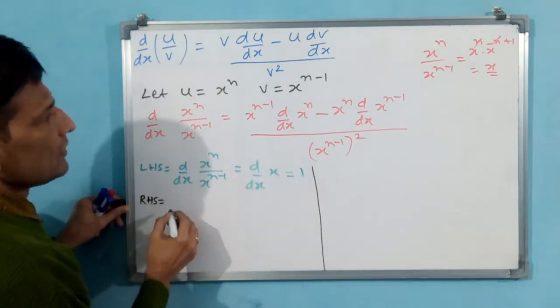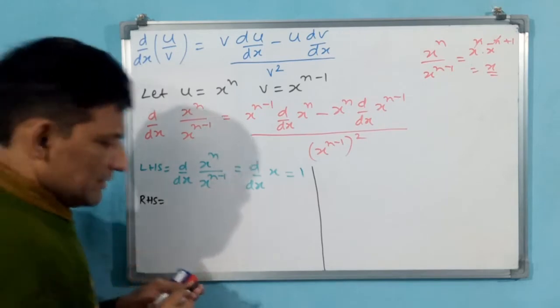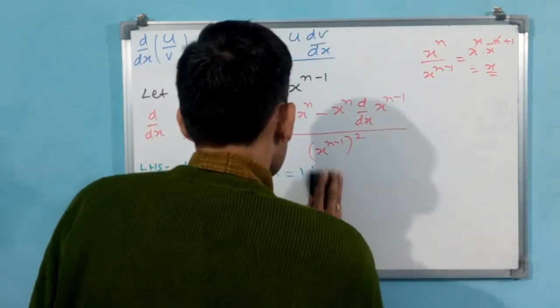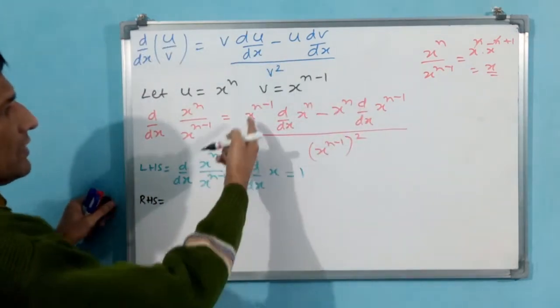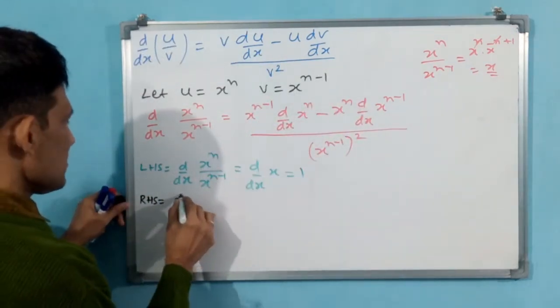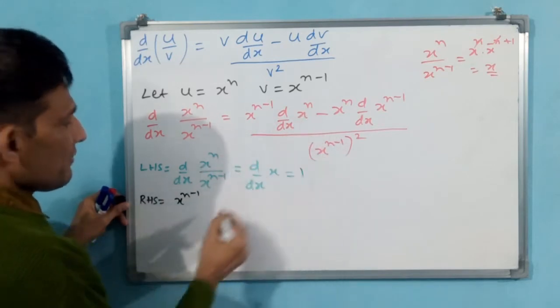RHS is equal to, I don't think space is enough. See what I am doing. x power n minus 1 times d by dx of x power n minus 1.